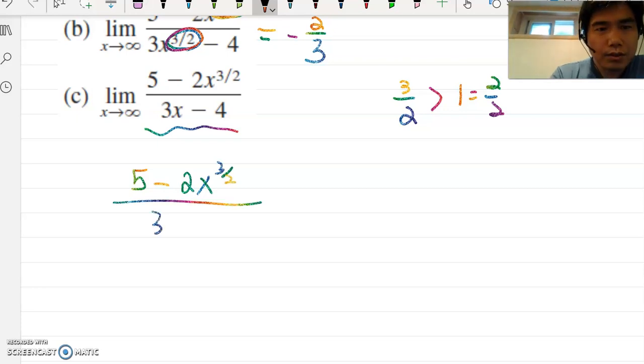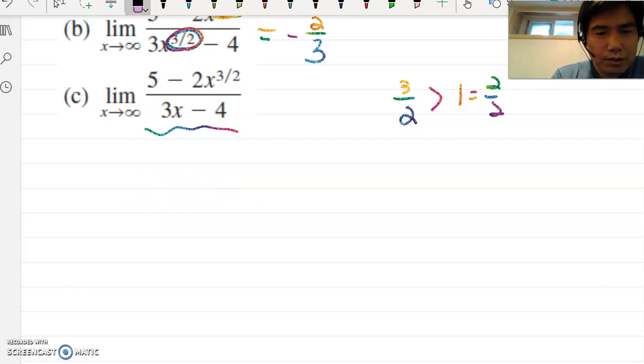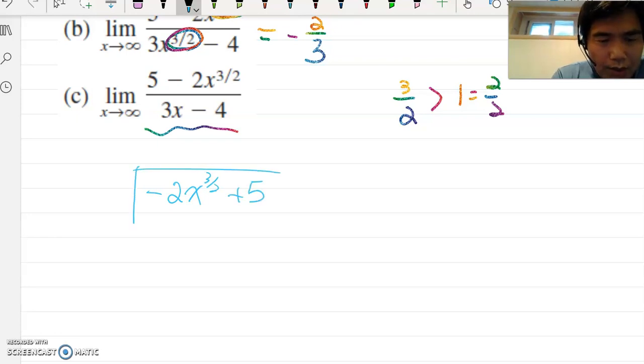So actually I'm going to write negative 2x to the 3 over 2 plus 5 divided by 3x minus 4, sorry, 3x minus 4.